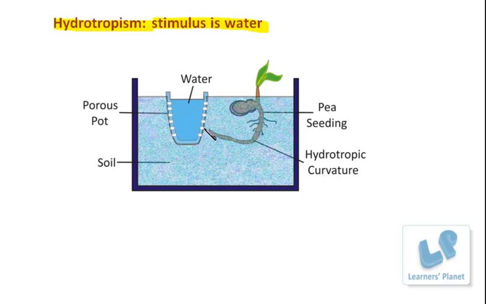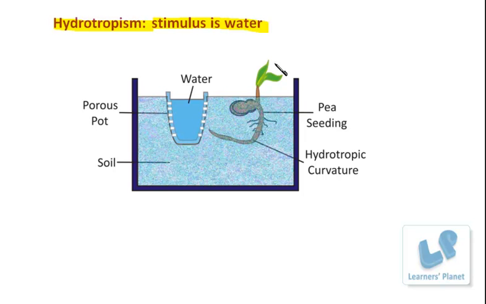What will happen? Since it is porous in nature, the water is going to diffuse out into the soil. So the soil nearer to the pot is going to be more wet, and further the water molecules will diffuse in the other directions also, but the level of water is going to be comparatively low.